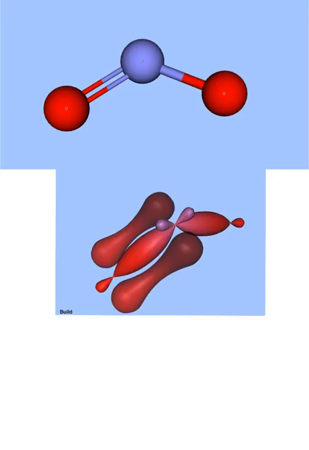Okay, so these are what the images of this specific molecule are going to look like. So remember that our molecule is NO2 minus. The blue atom is going to be nitrogen. These are the 2 oxygens. And remember, we do have a lone pair right here.